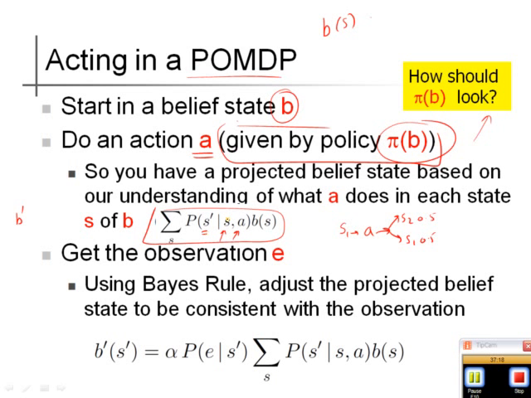Of course, I'm not sure that I'm in state S. The probability that I'm in state S is given by B of S.